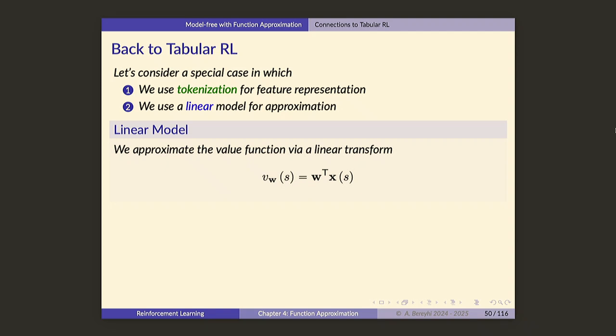Now, first of all, say I have n different possible states. How many weights do I have? Say I have 100 possible states. In the dummy grid world, we have 4 different states, or in a 10 by 10 grid world, we have 100 different cells. How many weights do I have?